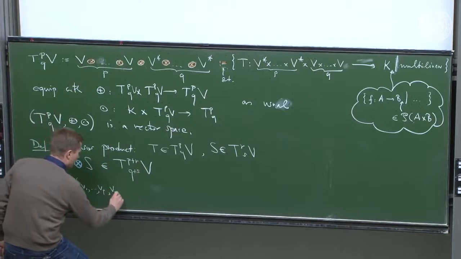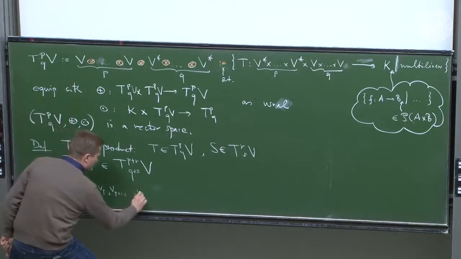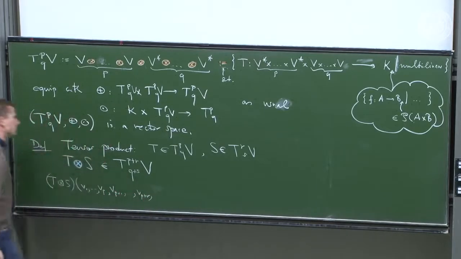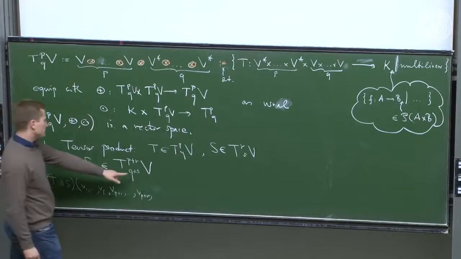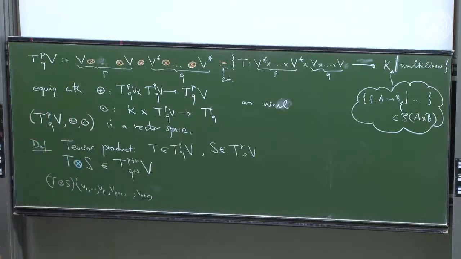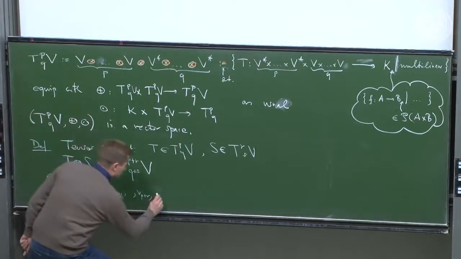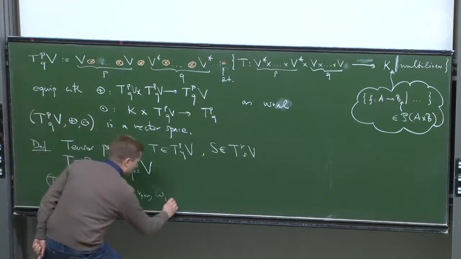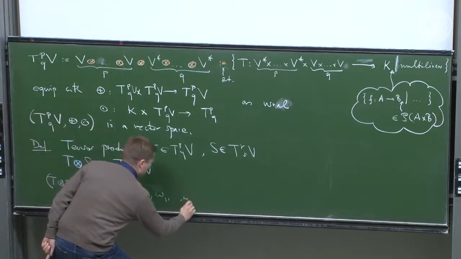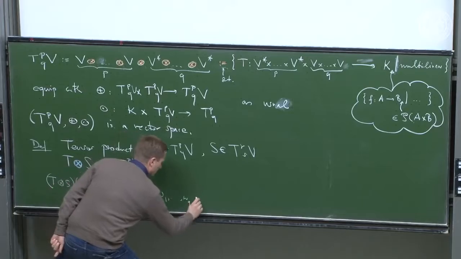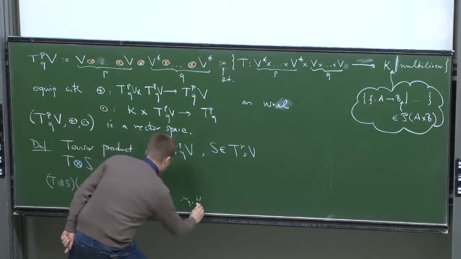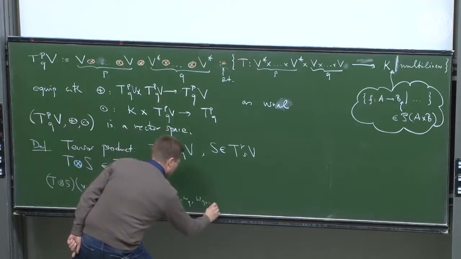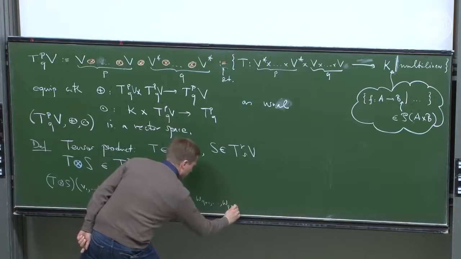So we have further Vp plus 1 to Vp plus R. And then we can eat Q plus S covectors. So let's call a covector denoted by an omega. This is omega 1 to omega Q, omega Q plus 1 to omega Q plus S.